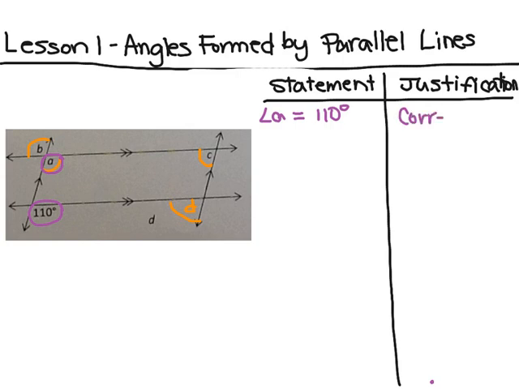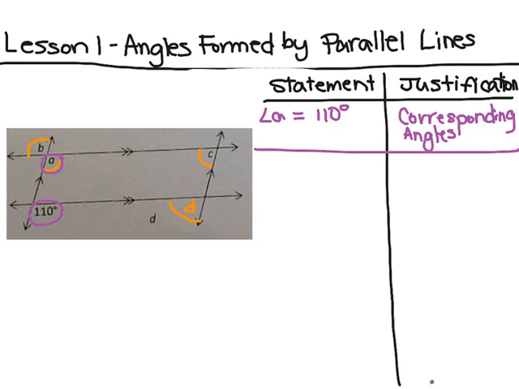So they're in corresponding locations. So there's our first step. We can also see that A is vertically opposite from angle B. So that means angle B is equal to 110 degrees. And the reason is because they are vertically opposite.